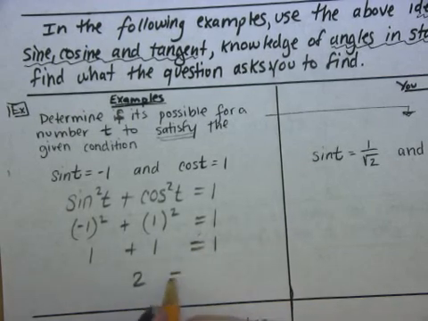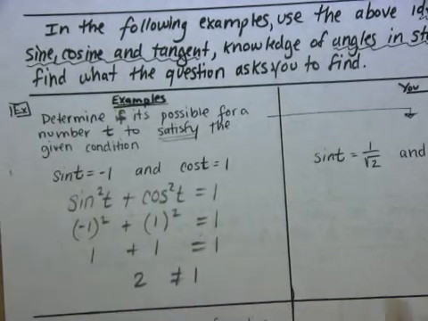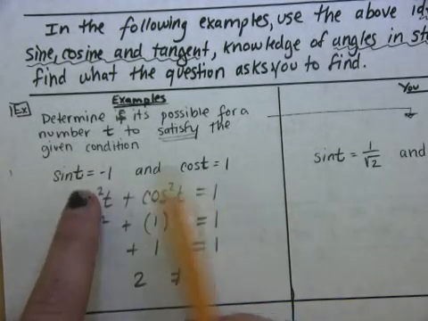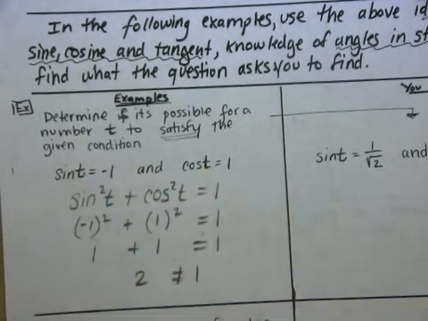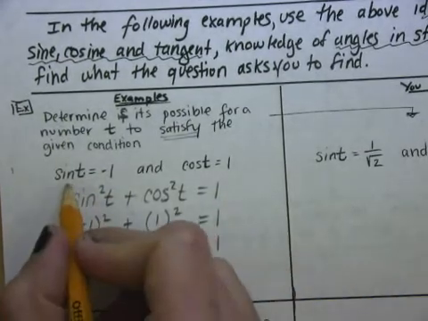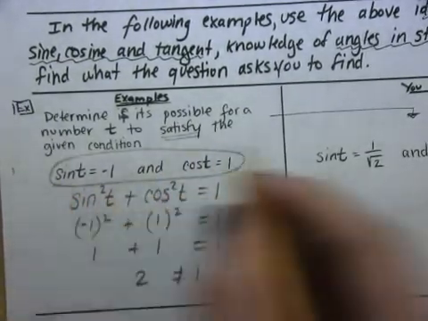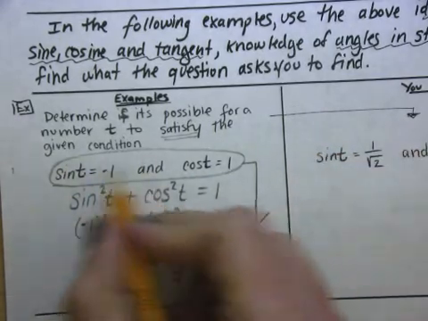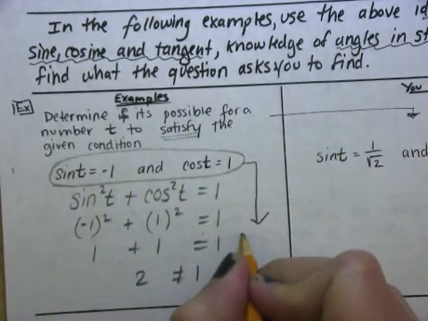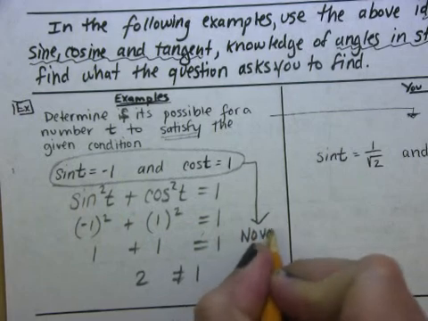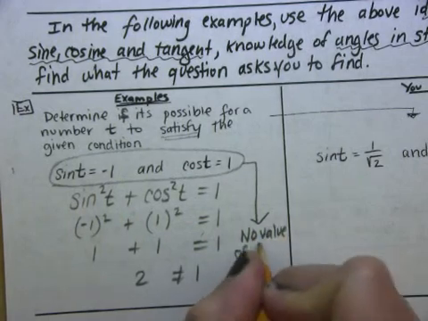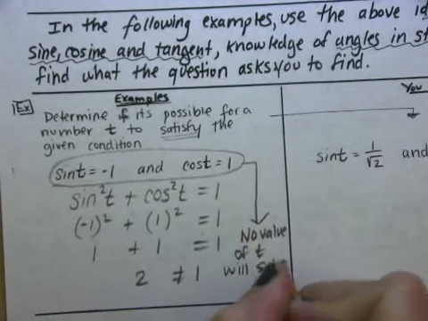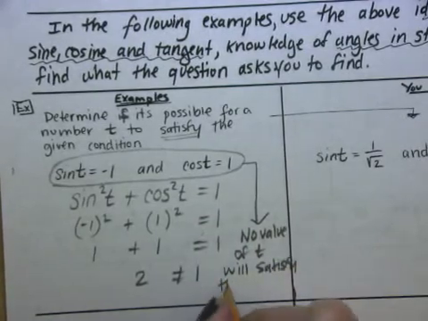No. We see that the sum equals 2, so 2 does not equal 1. Therefore, there's not a value of t that we can plug in here and here and have both expressions be true. So in this case, there's no value of t that makes this true, so no value of t will satisfy this condition.